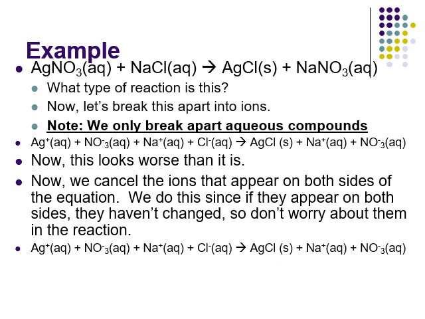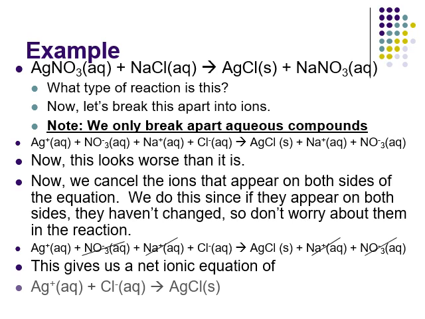Those are not exactly the same, so I leave them alone. But the nitrates get canceled out. So do the sodiums. Why do they get canceled out? Because they're exactly the same on both sides. Finally, we rewrite what's left, and that is our net ionic equation. This is saying in this reaction, these are the things that are actually undergoing a change. These are the things that are interesting, and that's what the net ionic equation is all about.